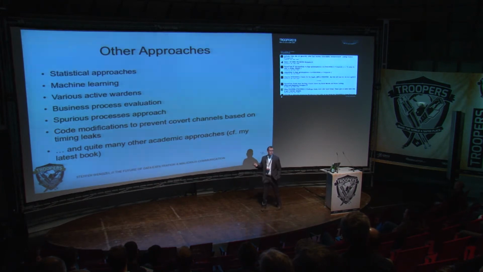That was done by a research group from the University of Freiburg, I think. We can introduce spurious processes in a trusted computing base that disturb local covert channels in an operating system. We have statistical approaches, especially for network timing channels. There are many statistical approaches. We have code modifications and so on.